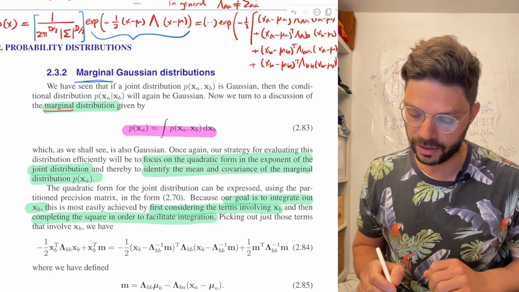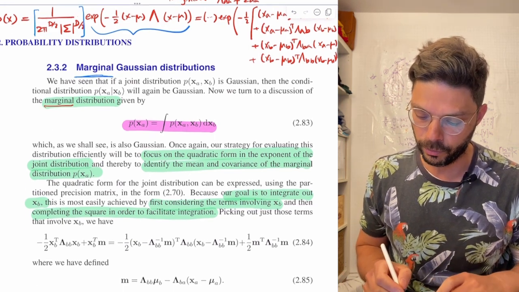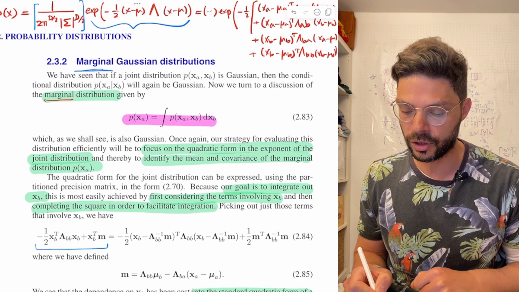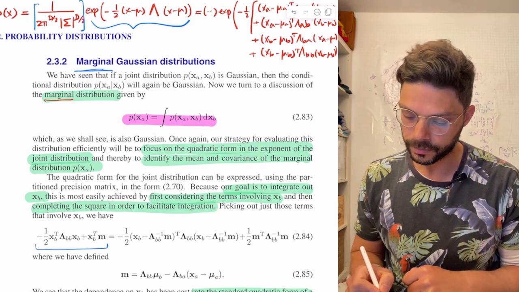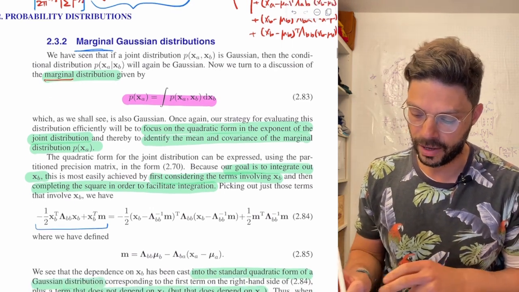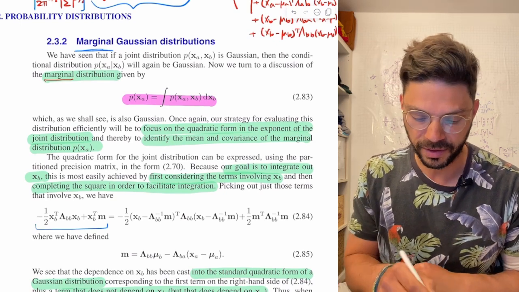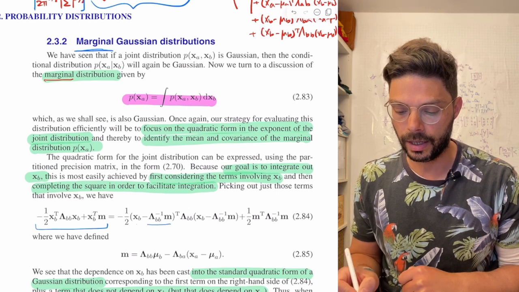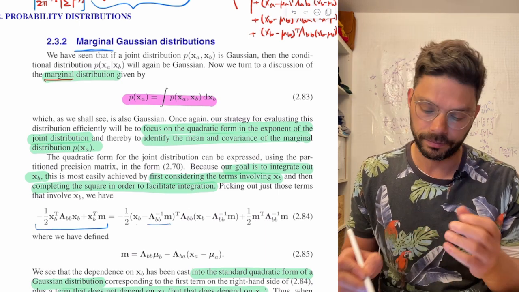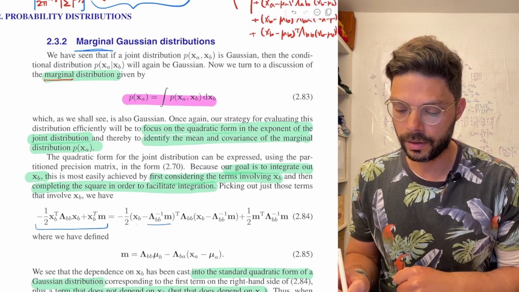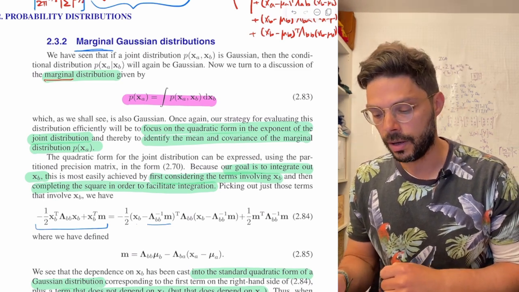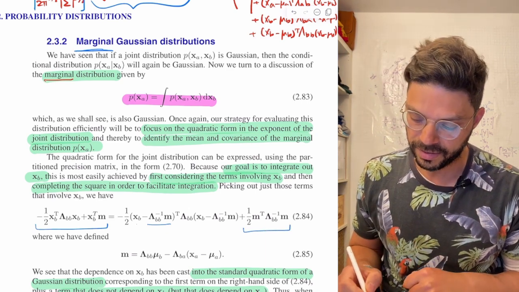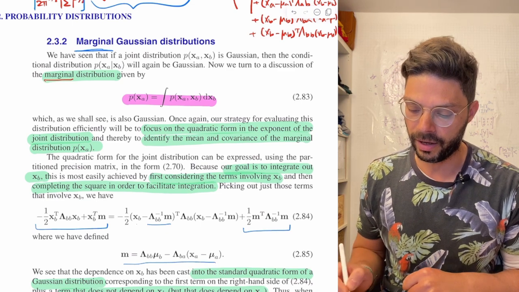Right now he's saying, look, if we have something of this form, then we can rephrase this as, and if you expand this out, you'll see that it is indeed the case, as x of b minus the inverse of this precision times the precision, etc., plus this additional term. This is the completing the square part. And this m is going to be defined in this way.